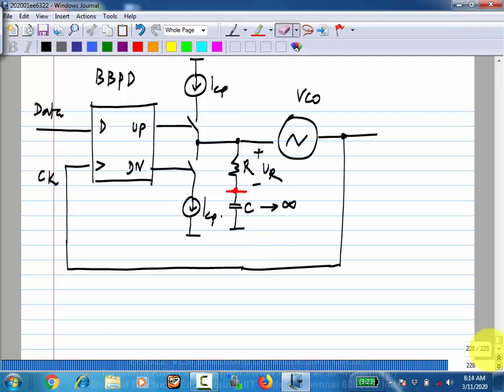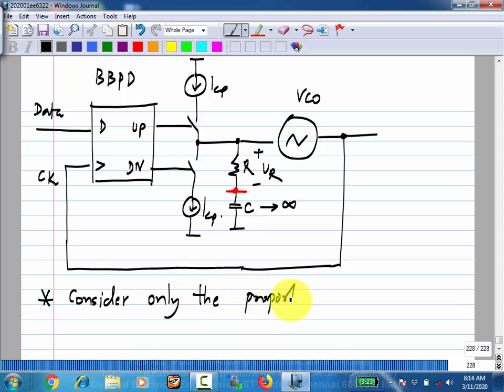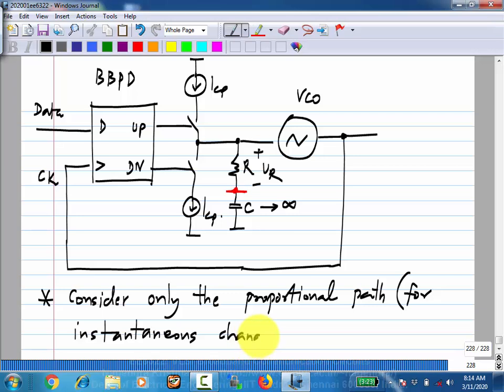So I'm going to consider only the proportional path, because I'm only looking at rapid or instantaneous changes. I'll assume that the VCO frequency does not have to be corrected. Essentially that's what it means, right?